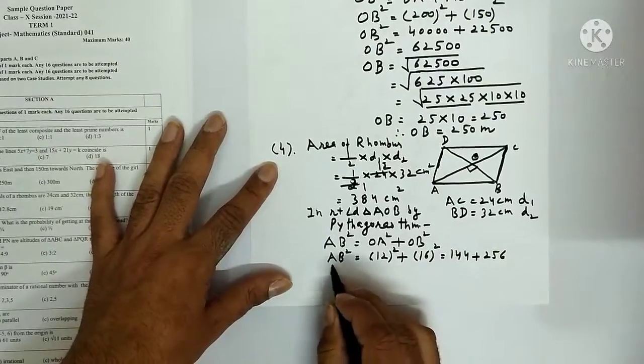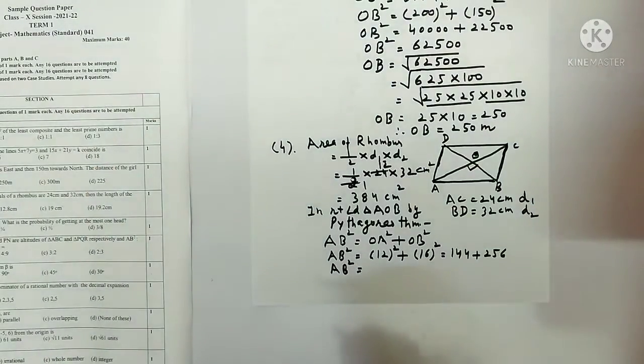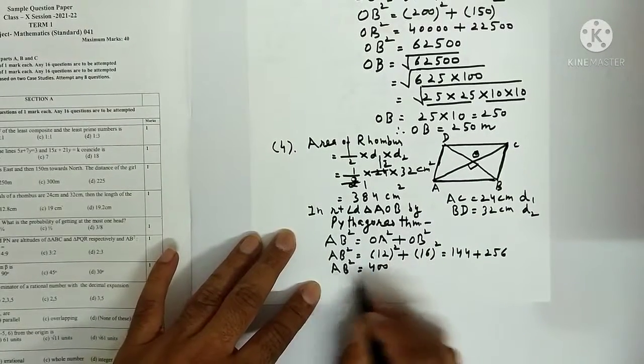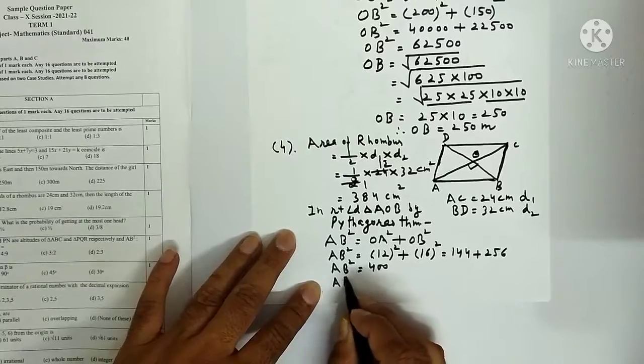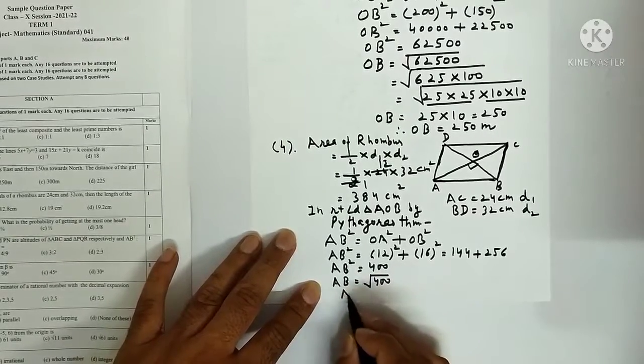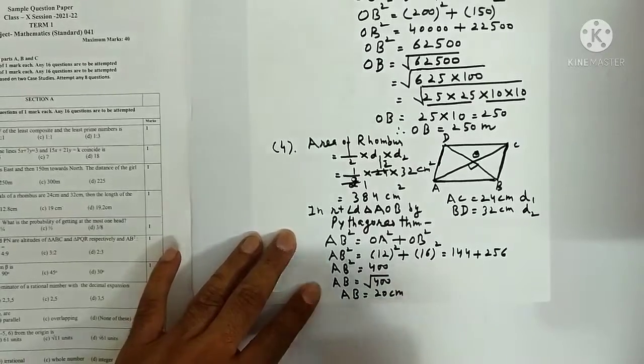Now AB square will be equal to 144 and 256 will be added. They will give 400. So AB will be equal to root of 400. So from here AB will be equal to 20 centimeter.